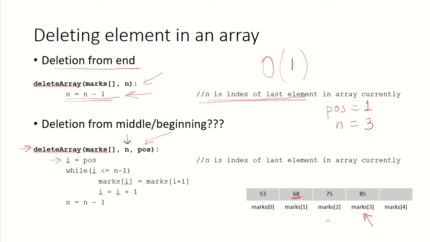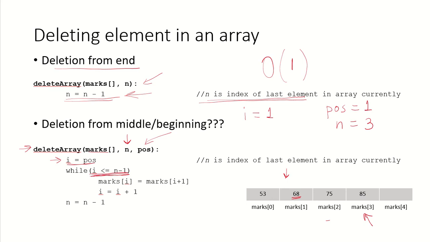We will start a local variable i which has been initialized to position, and we will keep on incrementing it till it is equal to n minus 1. So currently i is 1, so it is pointing here. Is it less than or equal to n minus 1?